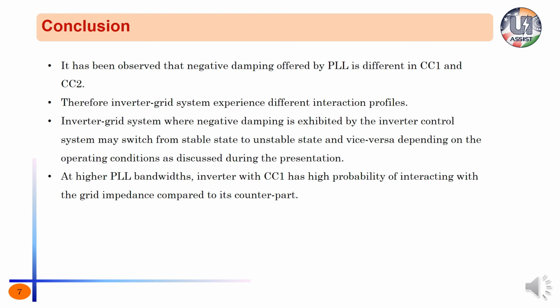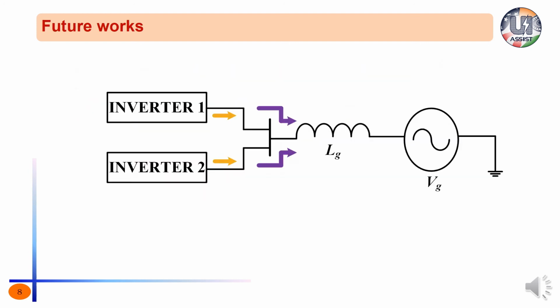But this will affect low voltage ride through operations, which require higher PLL bandwidth for fast detection of grid voltage phase angle. As a result, the choice of PLL bandwidth is always a trade-off between these two conditions. That's why PLL bandwidths beyond 50 Hz are considered for analysis.